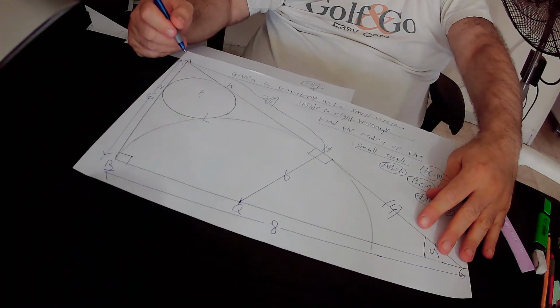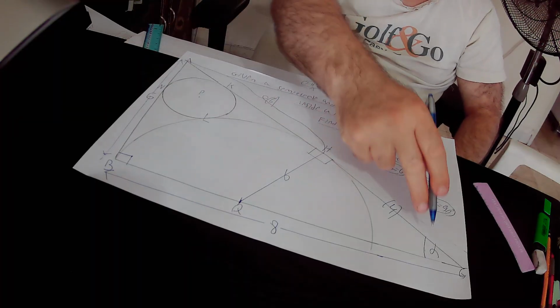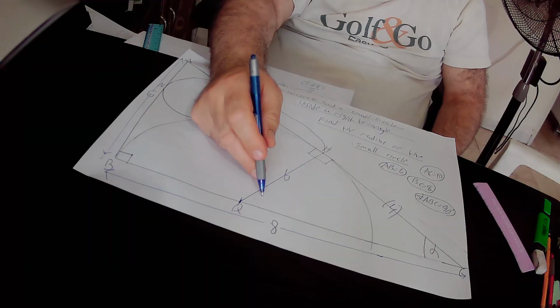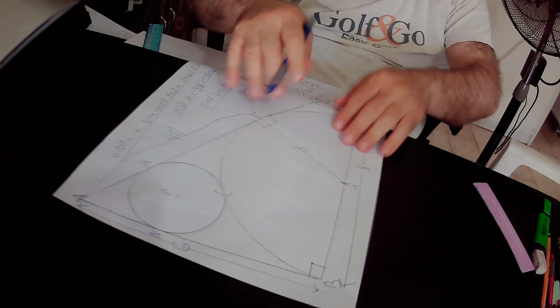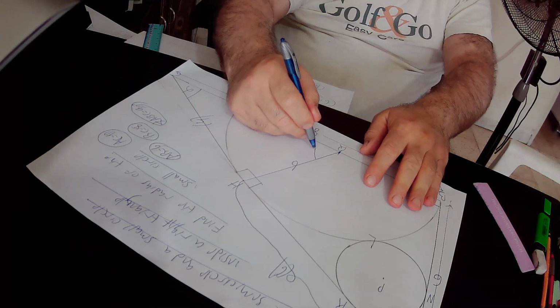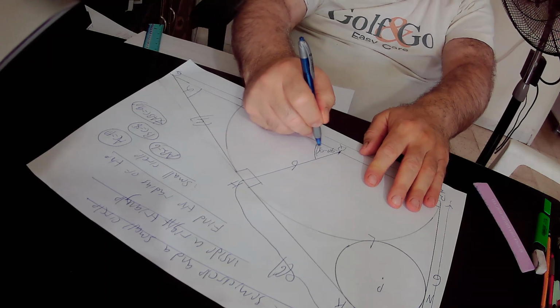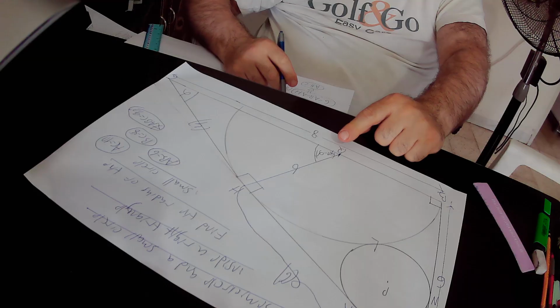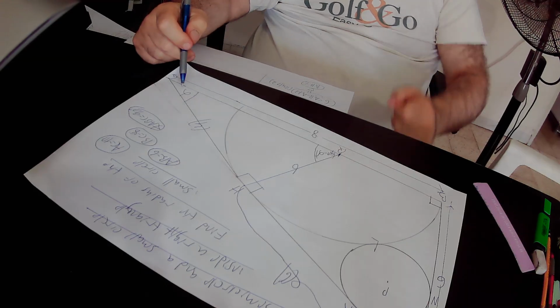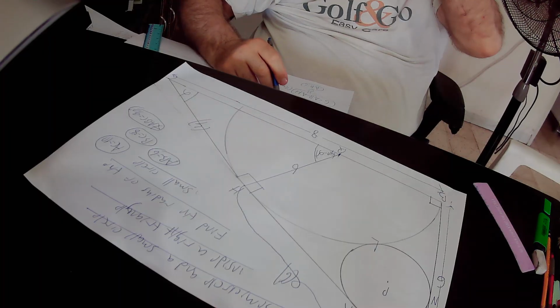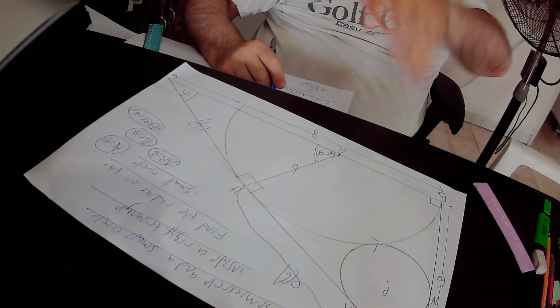So in the small right triangle HQC, this angle equals alpha, this angle equals 90 degrees, therefore this first missing angle must be equal to 90 degrees minus alpha. Why? Because 90 degrees minus alpha plus alpha is 90 degrees, and 90 degrees plus 90 degrees is equal to 180 degrees, that is the sum of the angles in any triangle.